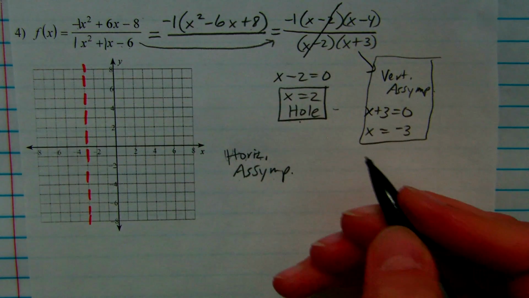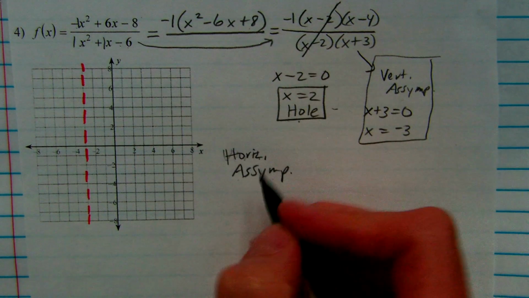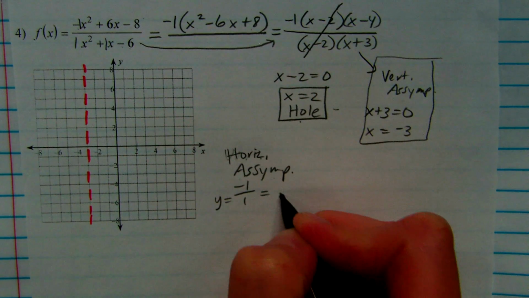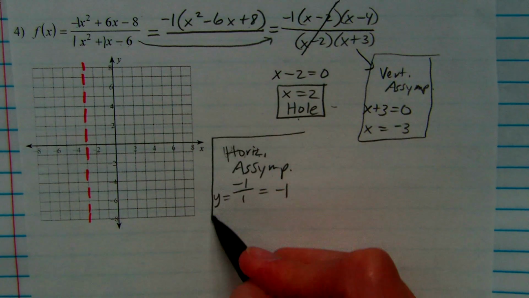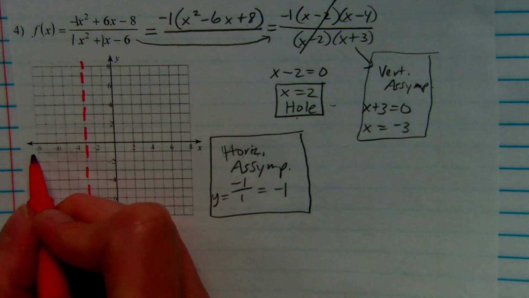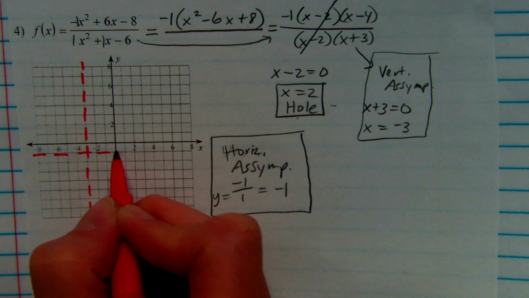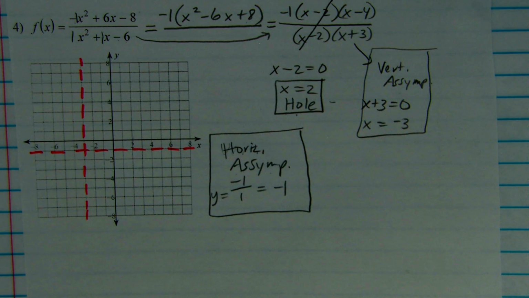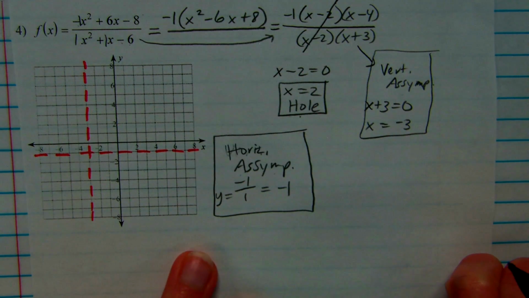Okay, so my horizontal asymptote would be at -1 over 1. Y equals -1 over 1, which is -1. So that's another question that it asks. And so down here at -1, we'll put a horizontal asymptote there.